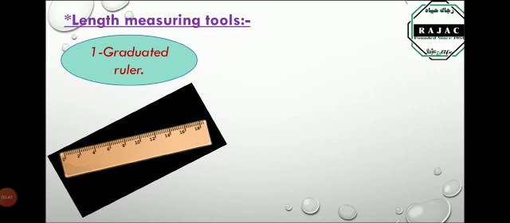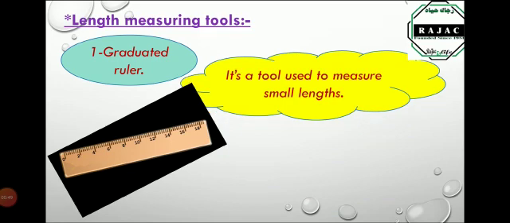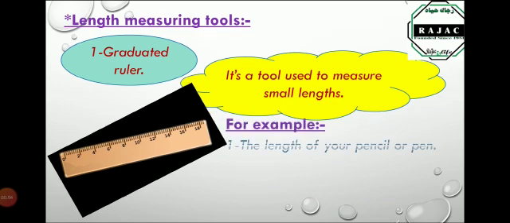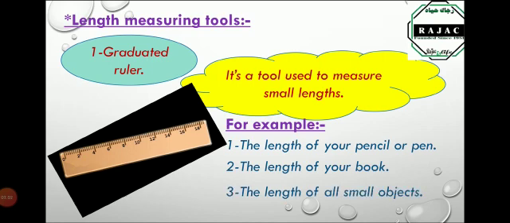A graduated ruler is a tool used to measure small lengths, like the length of your pencil or pen and the length of your book. Actually, the length of all the small objects. So, small objects around us, if you want to know the length of them, we use the ruler.